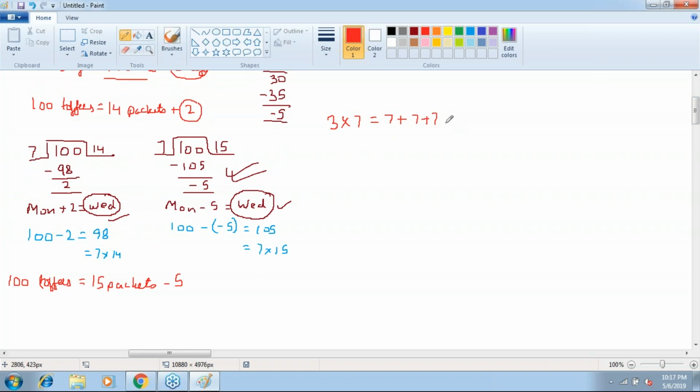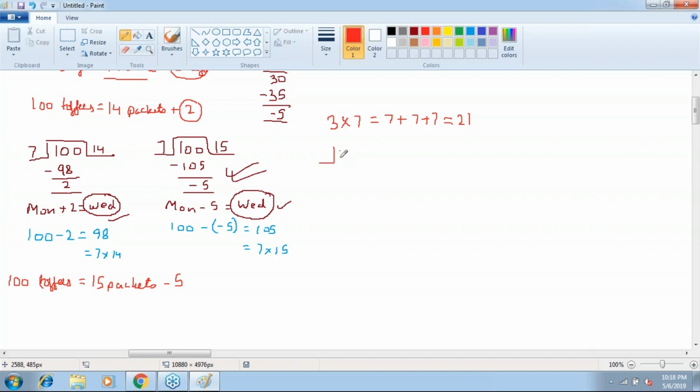Multiplication is just a shortcut of addition, or you added 3 seven times. So multiplication is a technique to add the same number several times. But nobody told us that similarly division is also subtraction.